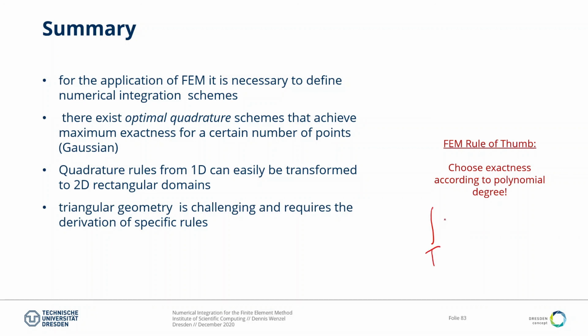So if I then end up integrating a function phi I over a certain cell and apply my numerical scheme, my quadrature rule to this, then I notice that this is not an approximation, but it can actually integrate our ansatz functions, our basis functions exactly. So this is important here. You can define different types of exactness, and for FEM you should choose the one that matches your polynomial degree.